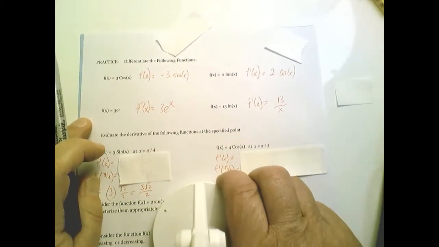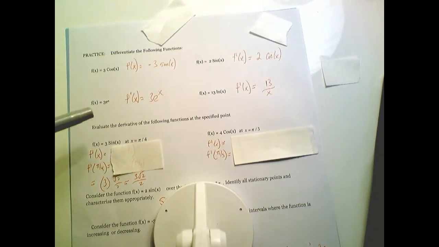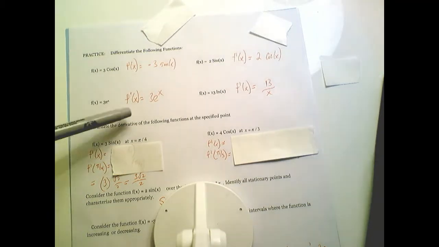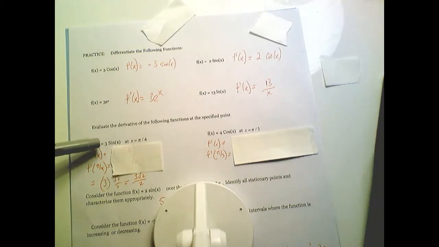Can we do some problems evaluating a derivative at a location? I bet we can. Let's give it a shot. Find the derivative and evaluate it at the specified x coordinate. Our function is f of x equals 3 sine of x. We're going to evaluate it at x equals pi over 4. 3 times, what's the derivative of the sine function? It's cosine.